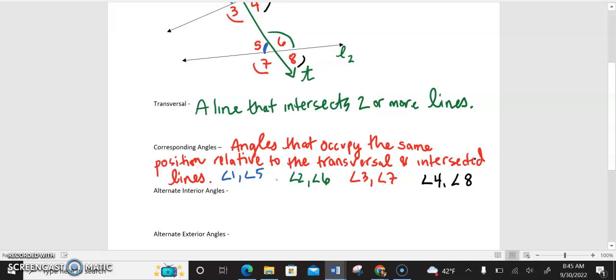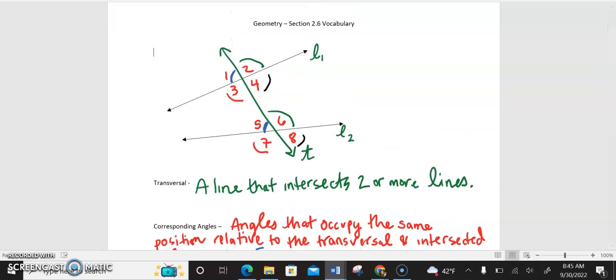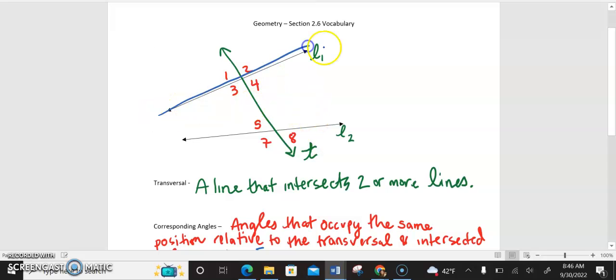The next two both have the word alternate, and we're going to talk about what that means. And then one of them is interior and one of them is exterior. So if we look at our drawing again, here's line 1, here's line 2.